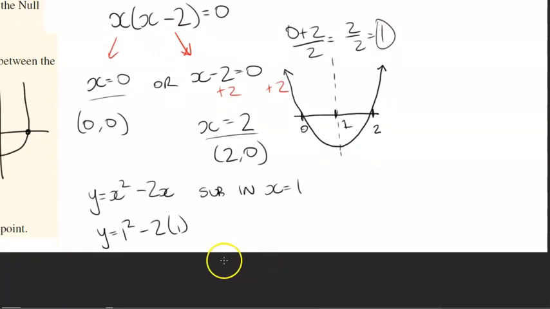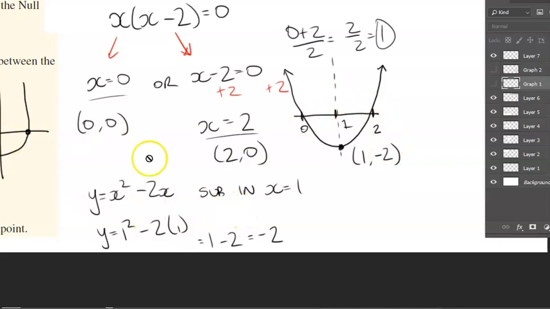So this here is going to be equal to 1 minus 2, which is equal to negative 2. And we're kind of expecting a negative y value. So this turning point right here is 1, negative 2. And the y coordinate of that has to dip down somewhere, and this will happen at negative 2.